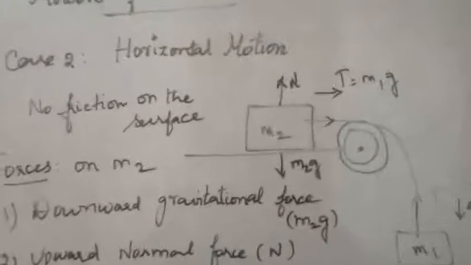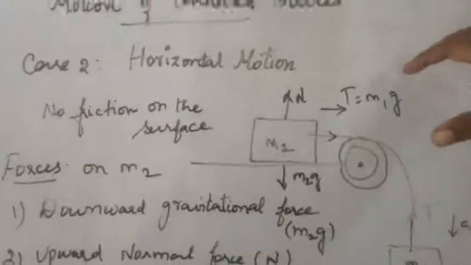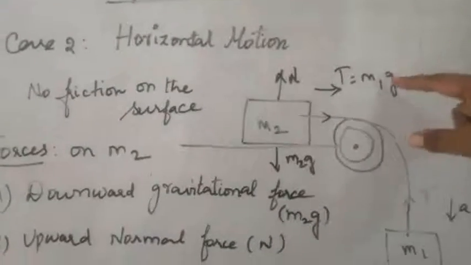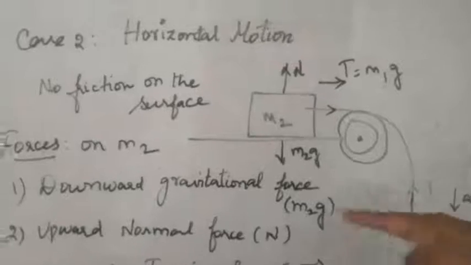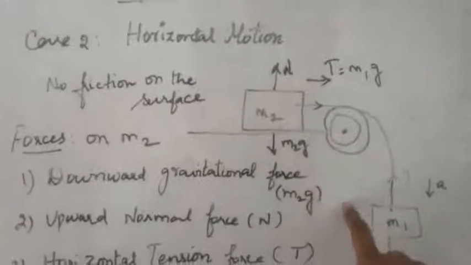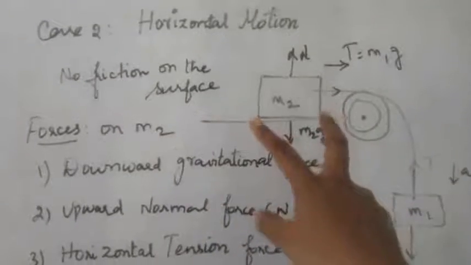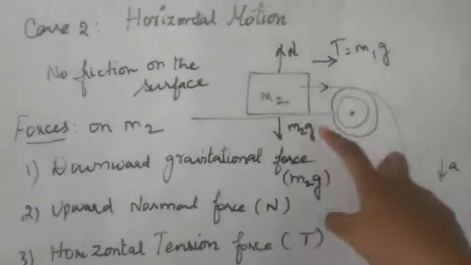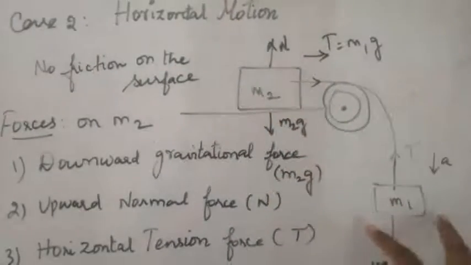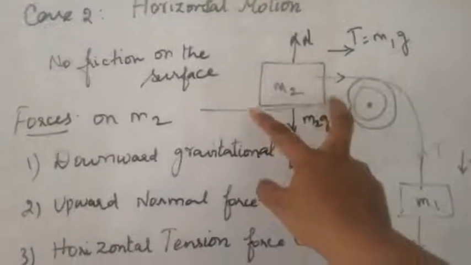In that case, the pulley was held at the top and both the masses were vertical to each other, whereas here the diagram is such that there is M2 and M1, and the pulley will be in the horizontal direction, so that the mass M1 will hold the mass M2.